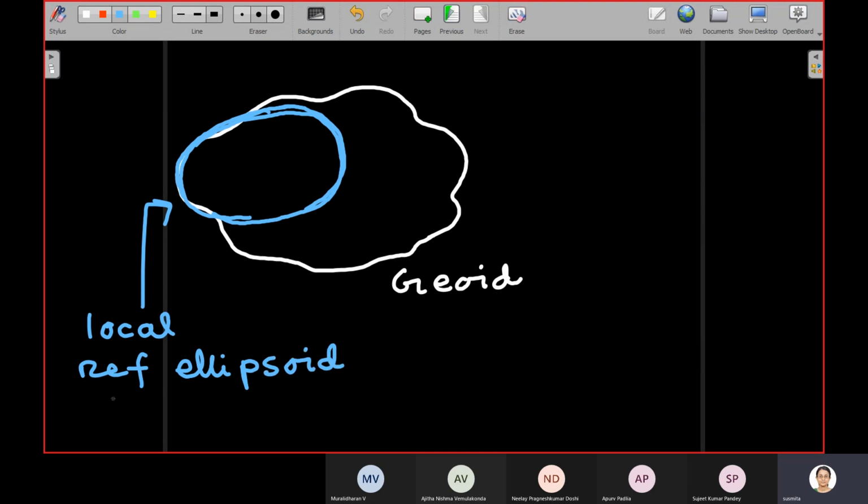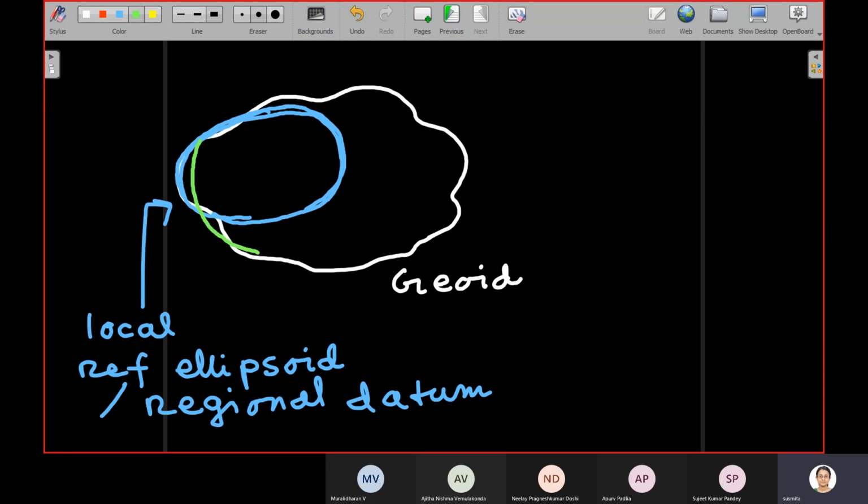This is also called a regional datum. Now if we fit the ellipsoid globally, then we get a global reference ellipsoid.